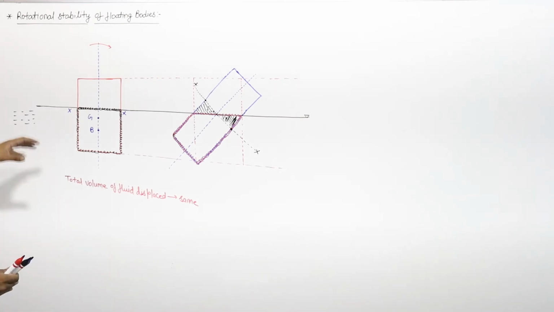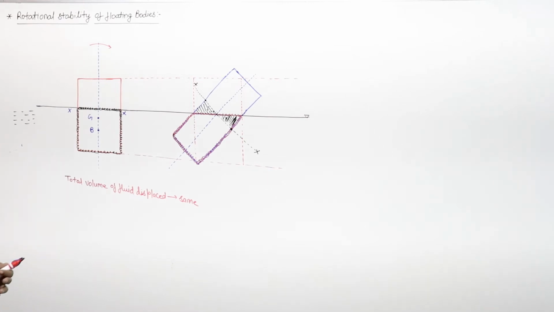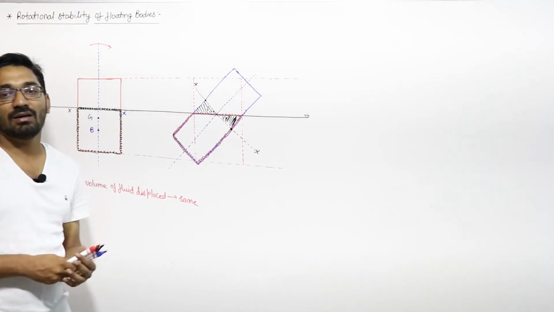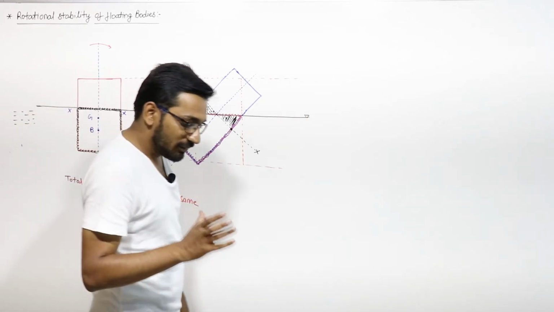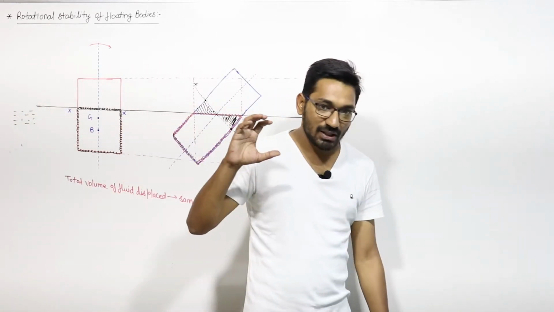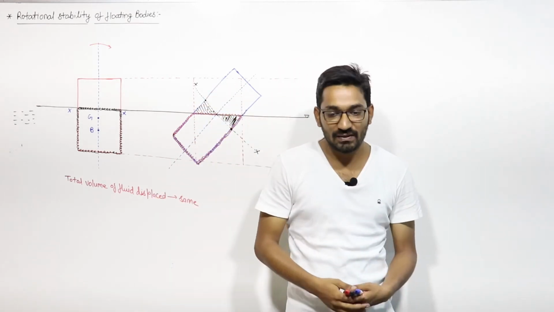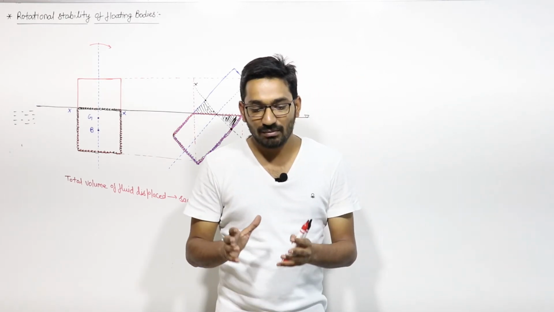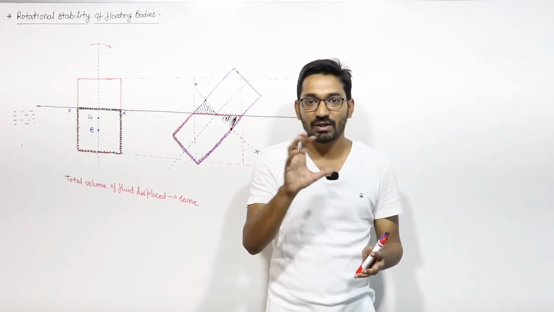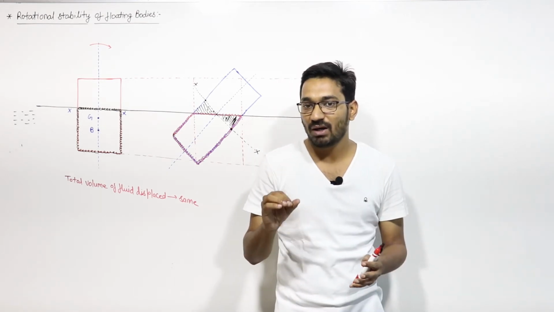So in case of partially submerged bodies, when you tilt it, the location of the center of buoyancy will change. If we talk about completely submerged bodies, the mass distribution of the fluid displaced will not change. That's why the center of buoyancy will not change.